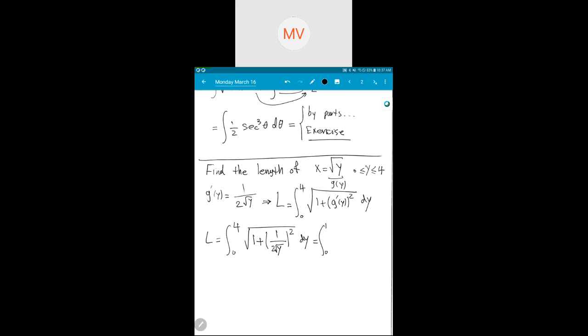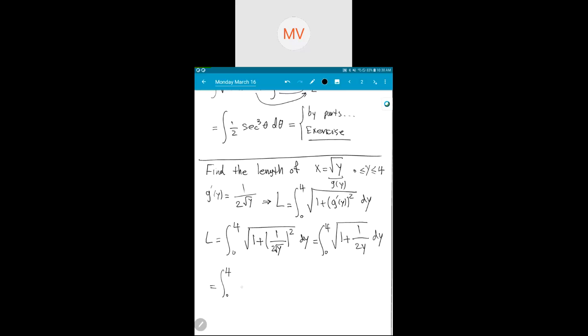So it's 0 to 4, 1 plus, okay, if you square that, we get 1 over 2y, right? And that equals the integral from 0 to 4.